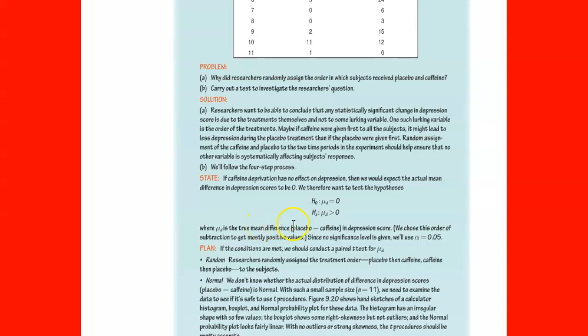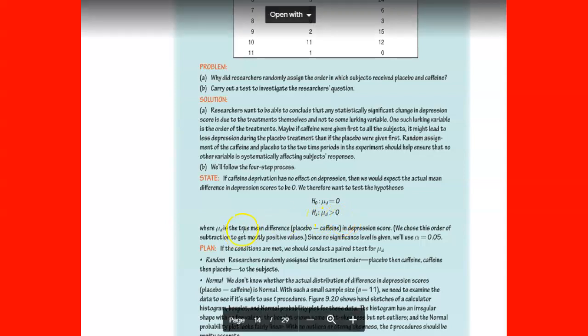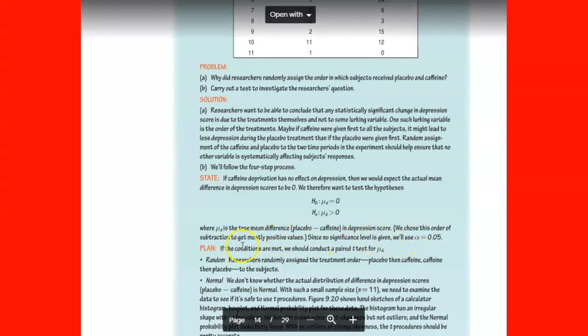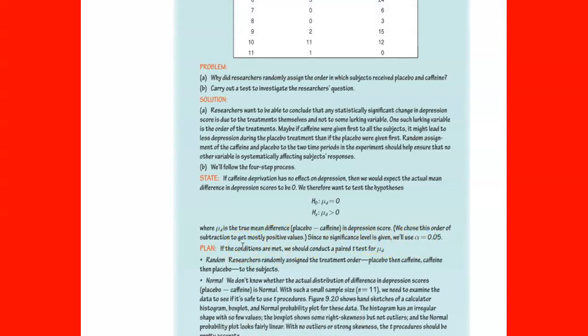But I am suspicious, and so I have my alternate hypothesis that the mean difference really is greater than 0. And again, we have to tell our reader, what does that mean? The mean difference, and we took the placebo minus the caffeine. The order does make a difference. We have to tell, because are we saying the placebo group has higher depression or the caffeine group has higher depression?